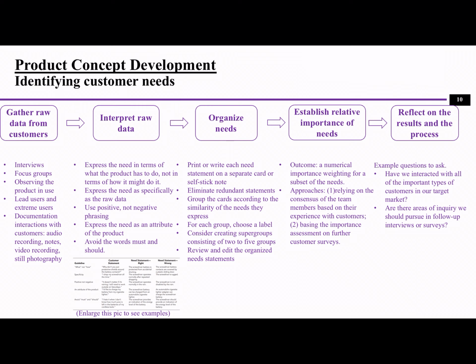And also avoid the words must and should, because if you are using must and should, it means you are telling the design engineers what to do, right? What to do instead of what the customers need, right? So here we are only looking at need. In terms of what to do, we're going to save that for the later stages of the product design.